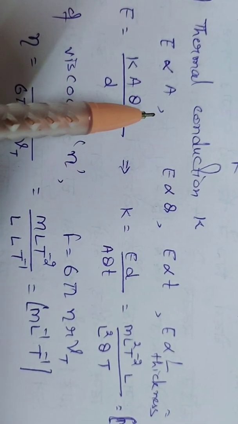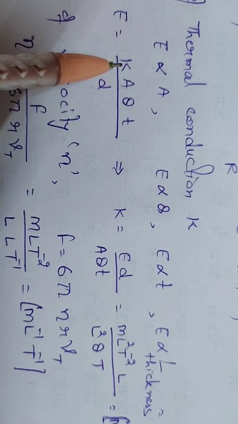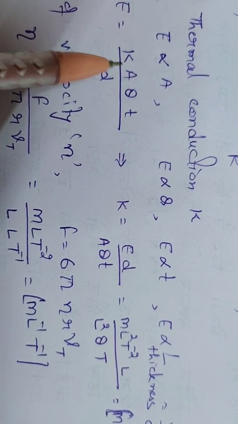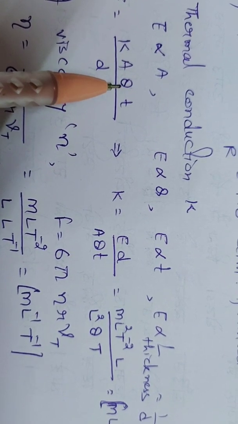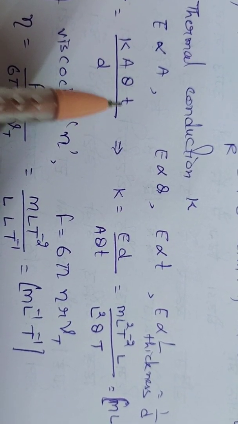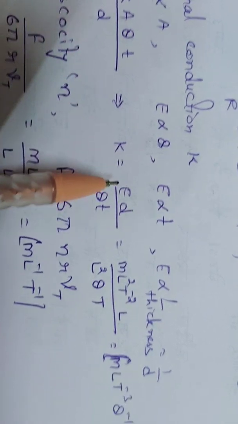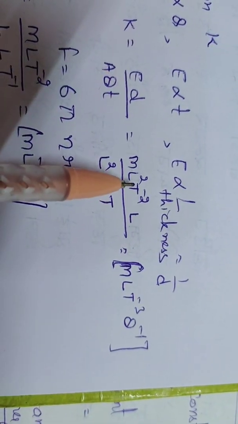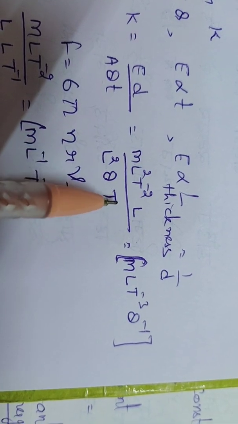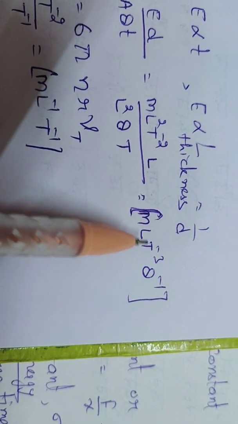This is the heat energy transferred, it depends upon the coefficient of thermal conduction, that is the proportionality constant, area, then temperature difference, this is the time, and this is thickness. After cross multiplying all these things, I got the dimension formula. Put the dimension formula of energy, thickness, area, temperature, time. You get the dimension formula M L T minus 3 theta minus 1.